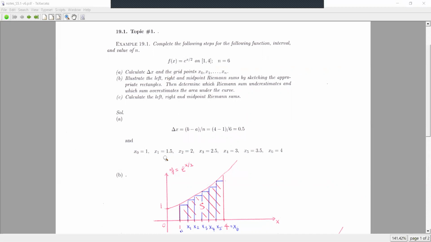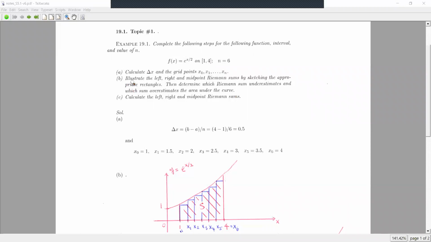The next cutting point, X2, is 2, and so on. X6 is the last cutting point. The last cutting point is always the right endpoint of the interval. So X6 is 4. So in total, 7 cutting points.